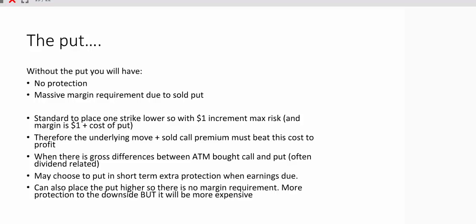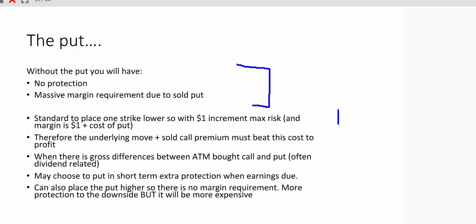That hasn't happened to anybody doing this strategy that I'm aware of. Okay, so just on the put, without the long-term put, you've got no protection, and you'll have a massive margin requirement due to the sold put.